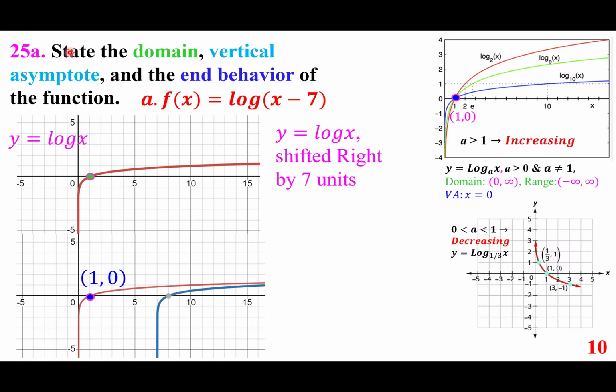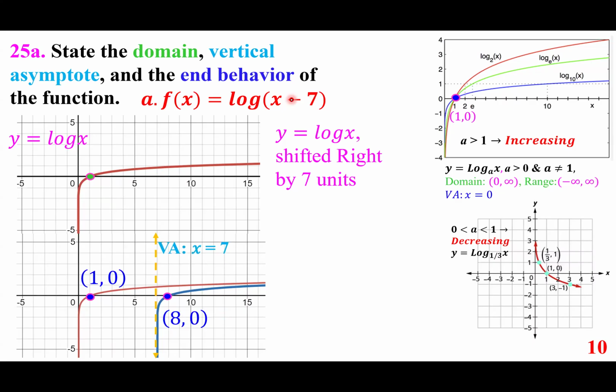We had the vertical asymptote, the y-axis, but the vertical asymptote, you can set this equal to 0, x equals 7. That will give you the vertical asymptote. So we have the new x-intercept at 8, 0, the new vertical asymptote with the equation x equals 7.